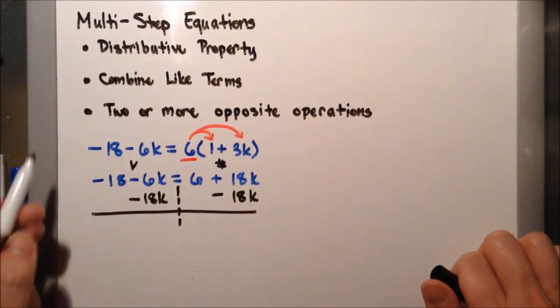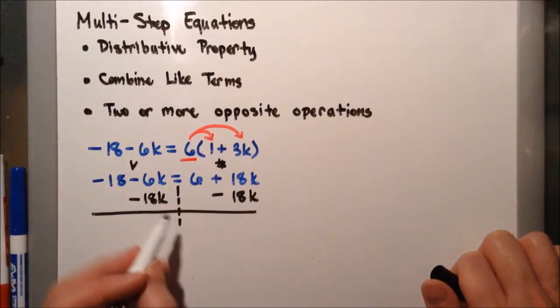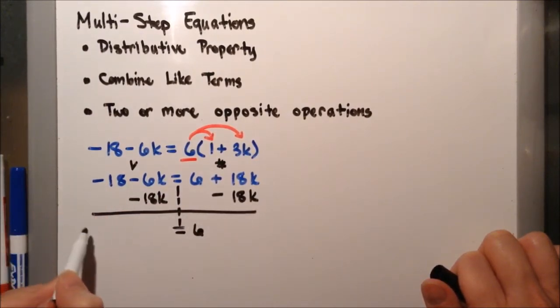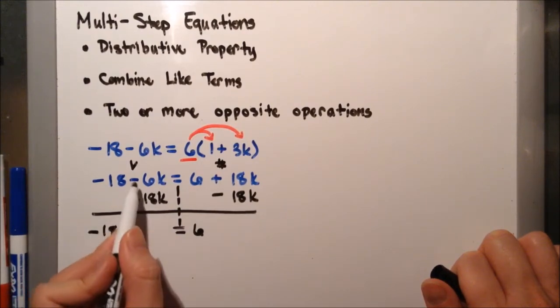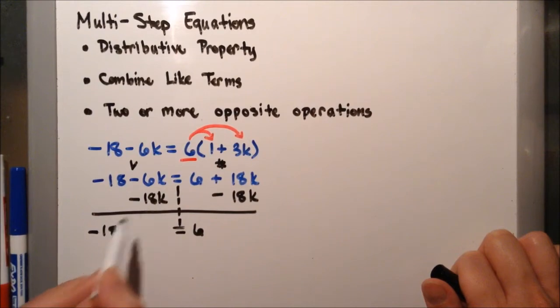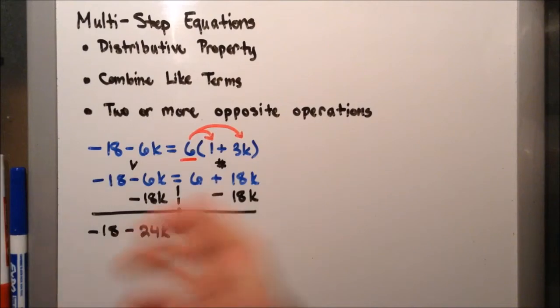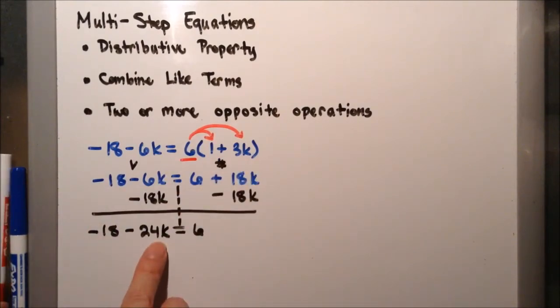Doing so, this will cancel out. I'm left with just 6 here on the right. I'll bring down negative 18, and I do negative 6k minus 18k. That would be negative 24k. Now, I got all my variables on the left side.